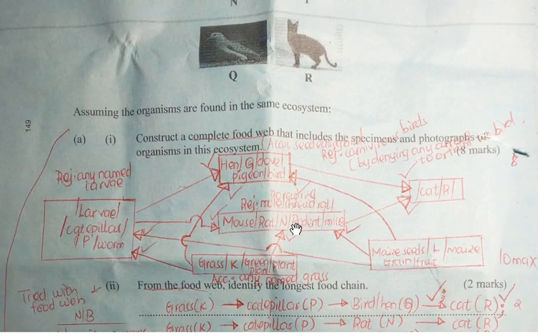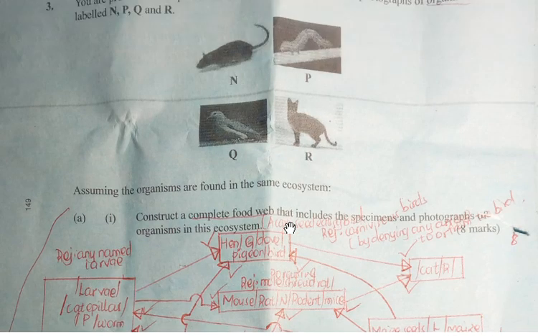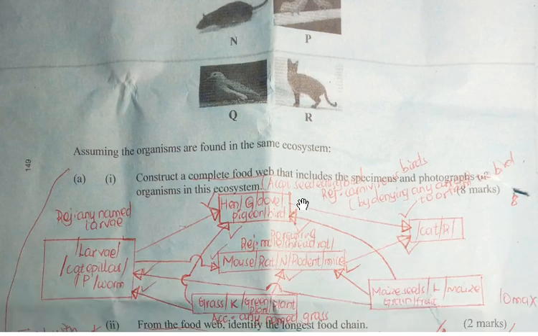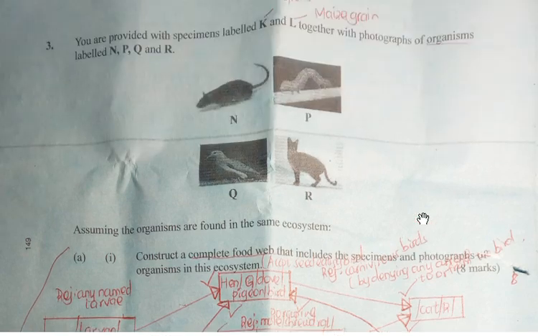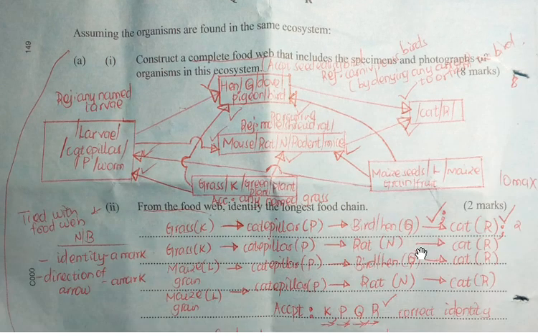In this case the producer is grass, specimen K. Apart from grass, the maize grain, that is L, is also a producer. In this case we have two producers.